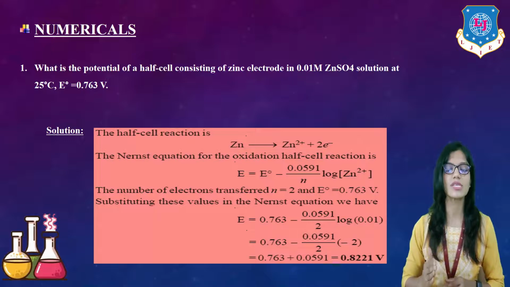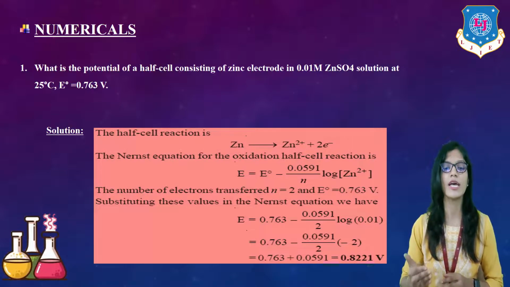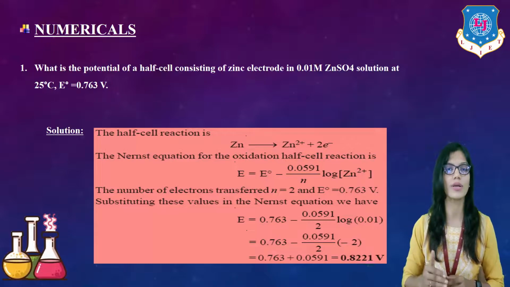So for the oxidation half cell reaction, we have to apply the Nernst equation for an oxidation half cell, which can be written as E is equal to E0 minus 0.0591 divided by n into log of the concentration of our product, zinc 2 plus.